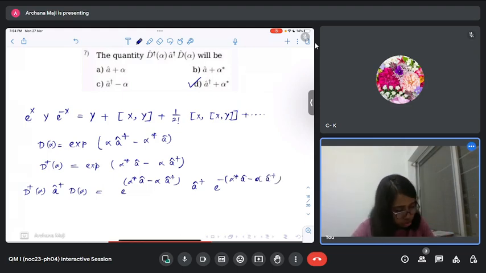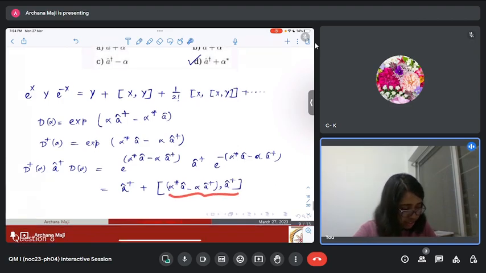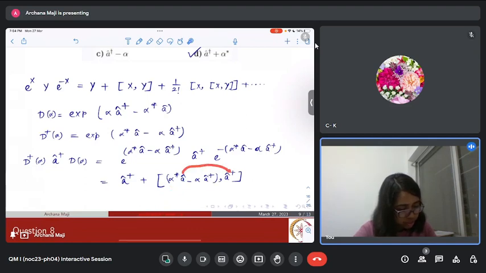Okay, so what is it? It's Y, and for us Y is a dagger, plus the commutator of X with Y. That means the commutator of alpha star a minus alpha a dagger with a dagger. Now you see that this commutator will give you a constant, and what is that constant? Only this part will survive.